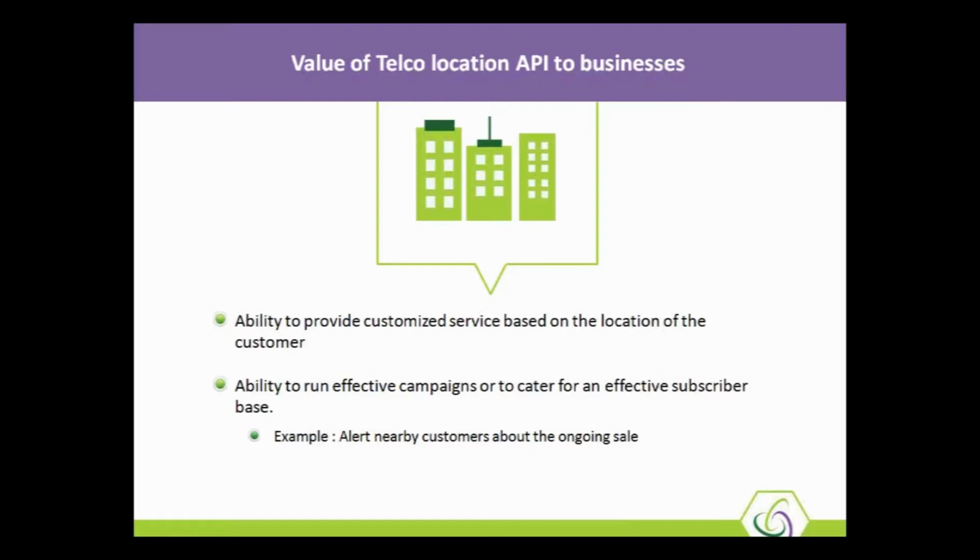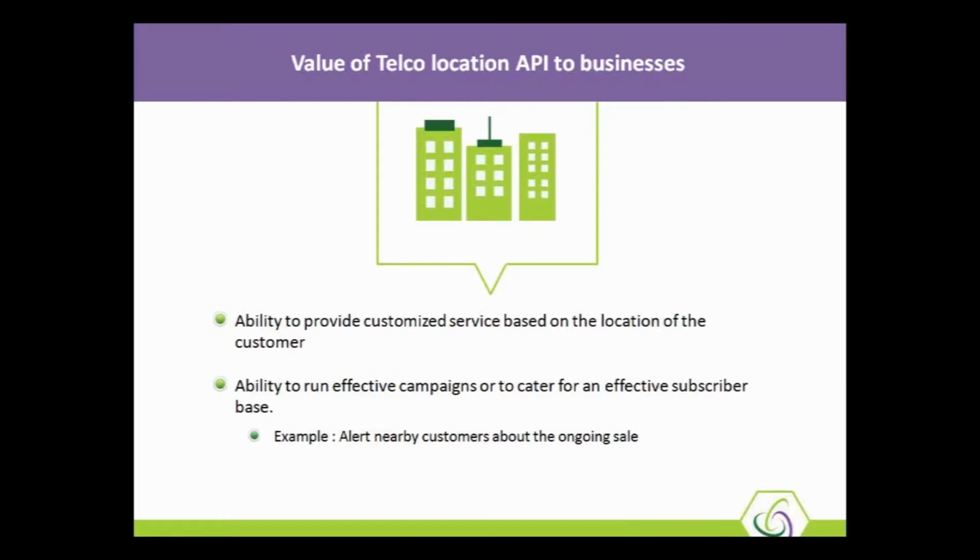Now, in my previous example, if you promote the 10% discount to a Kandy customer, it doesn't make any sense, so it's not relevant. And if we send all 3 messages to all subscribers, the Kandy subscriber may think, okay, my application is spamming.